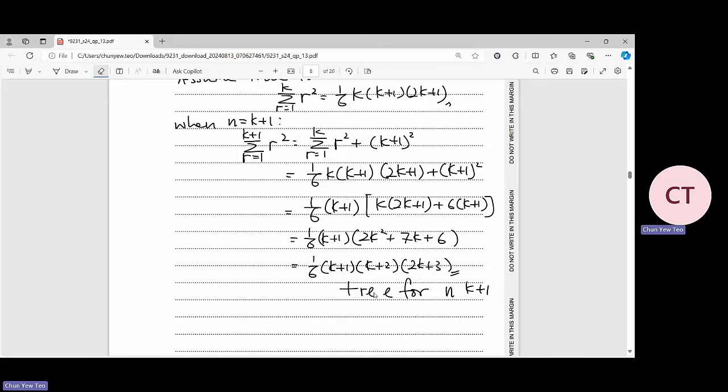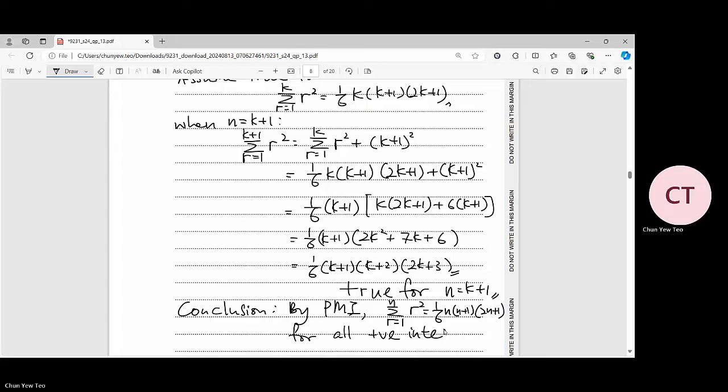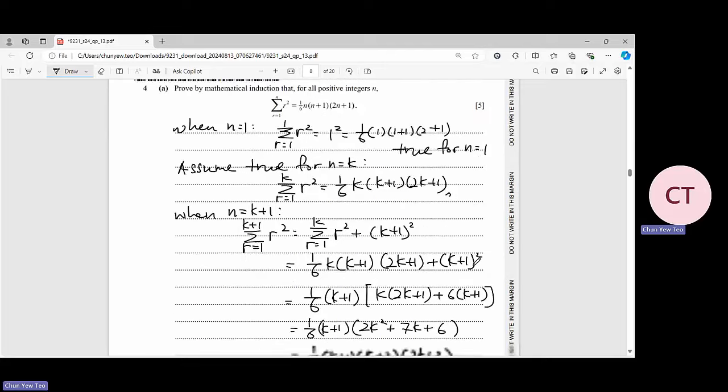And a conclusion, by the PMI, the series where r from 1 until n is equal to 1 over 6n, n plus 1, and 2n plus 1 for all positive integers. Okay, just like that. This is the answer for the number 4A.